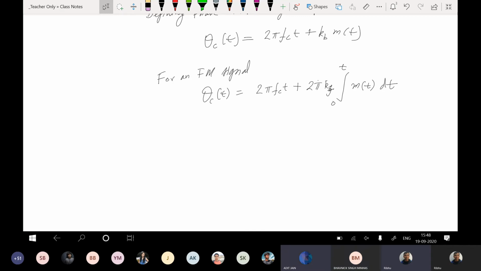So we are embedding the amplitude of the message signal in the phase or the frequency? We are actually embedding the waveform of the message signal, to be precise. The signal itself. Yes. So we are embedding the complete m(t). Okay.